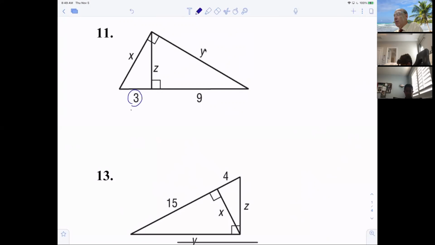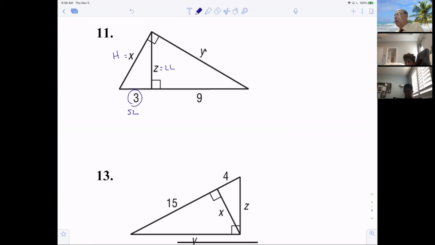Short leg. Z is the what? Long leg, or it is the short leg of the right side, correct? And then X is called the hypotenuse for the triangle on the left. This is how I personally do it, unless I can't tell what's a short leg and a long leg.